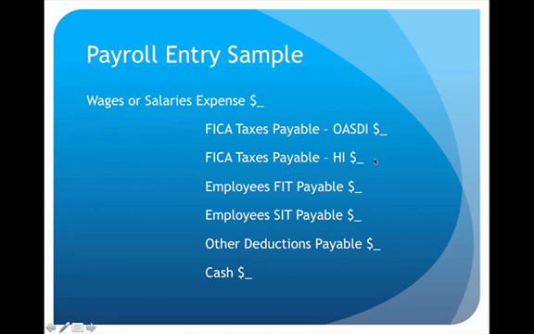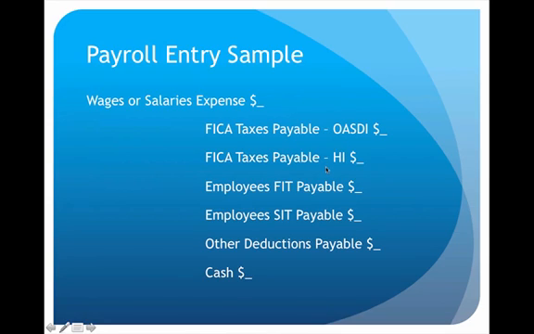And then everything in between would be all the various deductions. And notice that every single one of these deductions is a payable. And notice that every single one of them is a credit. And that's because these are all liabilities. Think about it. When we withhold the FICA taxes for OASDI, we withhold that from the employee, but that is eventually going to be sent to the government.